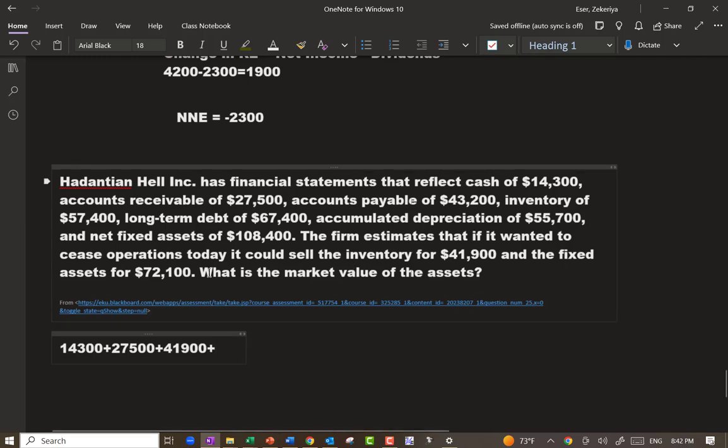And it could sell the fixed assets for 72,100. I completely ignored depreciation and net fixed assets because they have nothing to do with market value. Market value is the cash that you could obtain if you sold them now. Obviously, we didn't care about the debts and current liabilities and stuff.